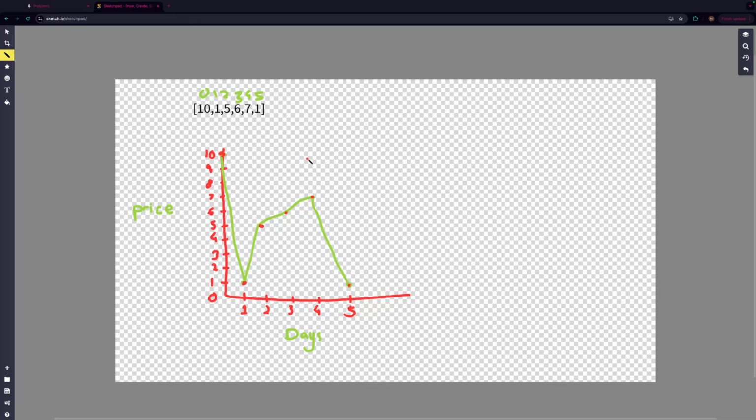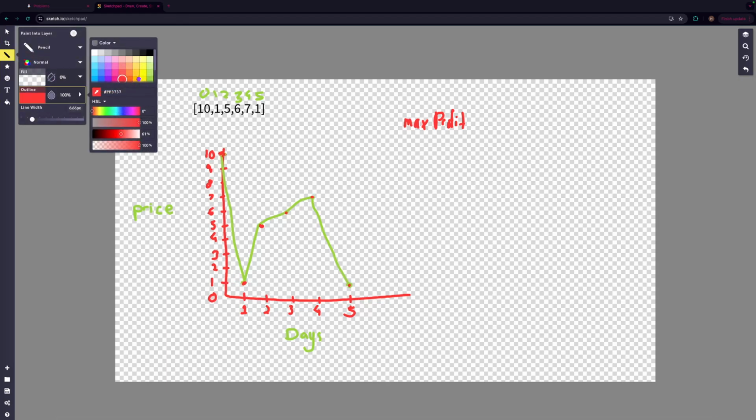So I guess the goal of this problem is we have to find the max amount of profit that we can make. And it's pretty easy to see once you graph it out that the max profit is just going to be equal to the maximum day subtracted by the minimum day.